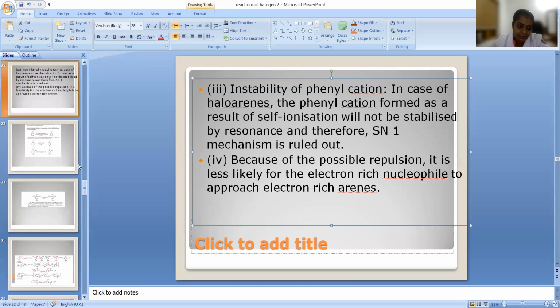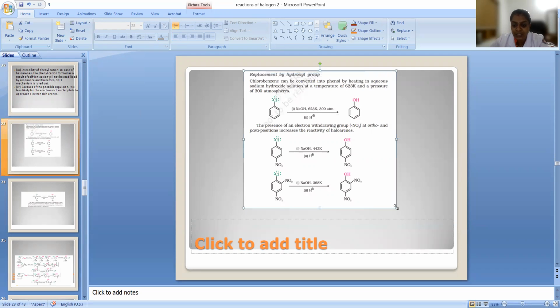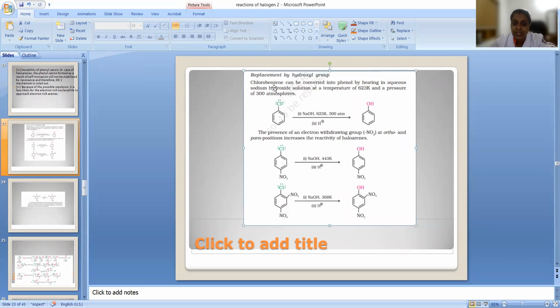Now let's see how it undergoes some substitution reactions. Chlorobenzene will react with sodium hydroxide, but see the condition. You need a very high temperature and very high pressure; only then does this reaction take place.